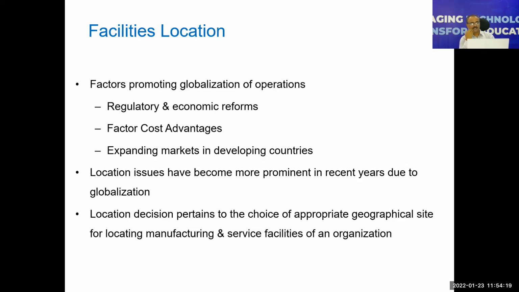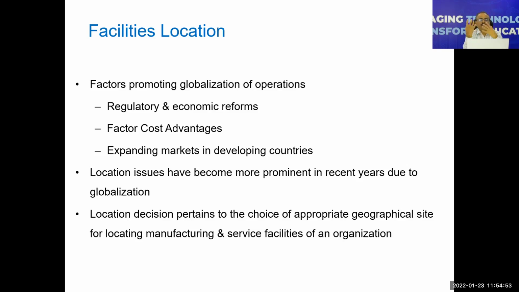Similarly, in other countries like China and even in India, we can find that as far as the labor cost is concerned, it is cheaper as compared to the labor cost which is involved in the US or the European countries. So from that point of view, these countries can have an advantage in terms of the cost if they shift their operations, maybe the manufacturing, to these developing countries, where they can have the advantage in terms of the cheap labor.